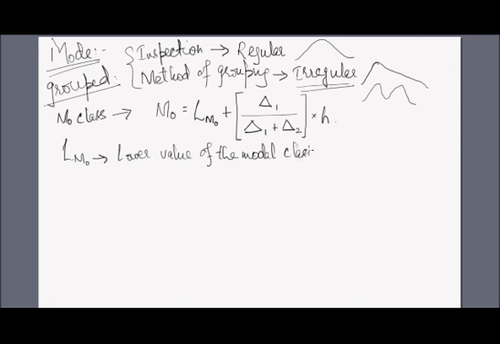When we have a class, say for example from 30 to 40, this is the lower value and this is the higher value. And we know h is the width of the modal class.